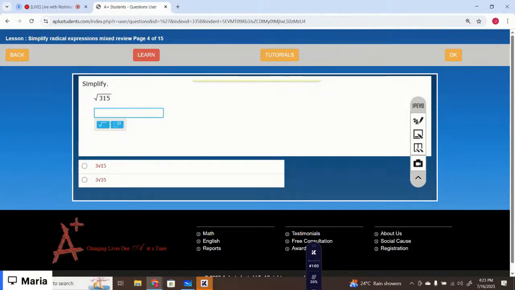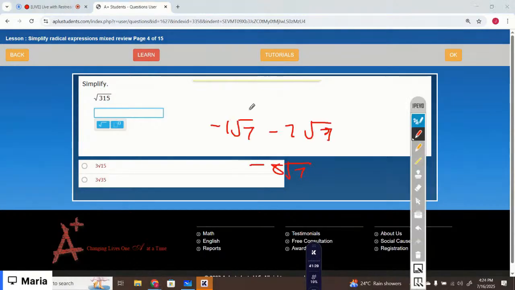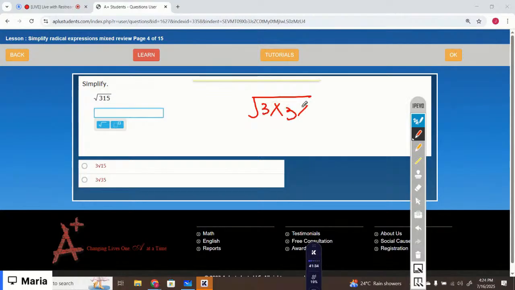315. 3 times 3 times 35. 3 squared times 35.